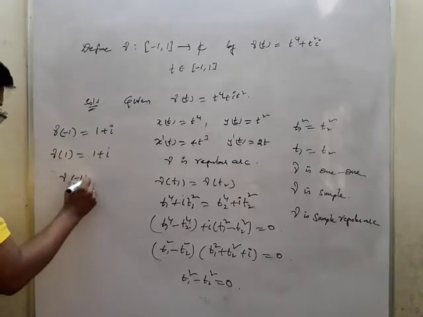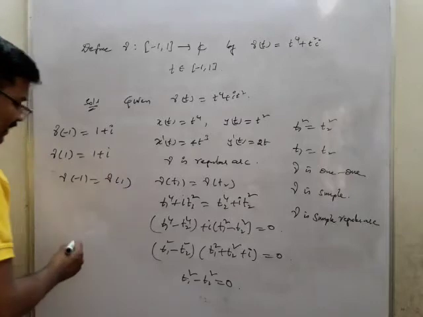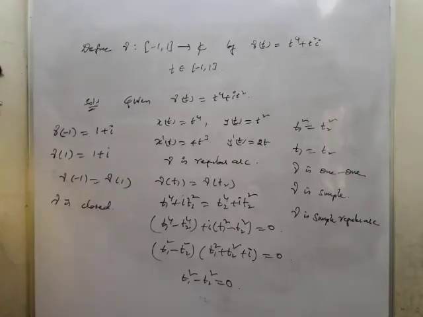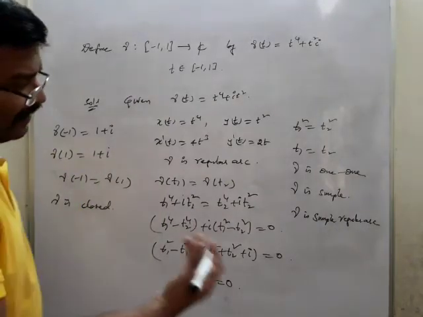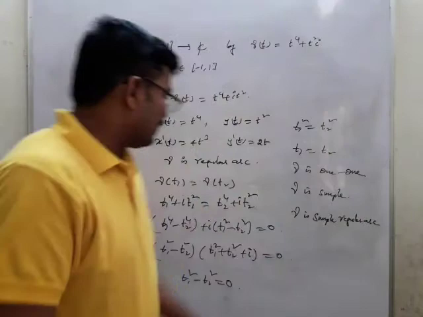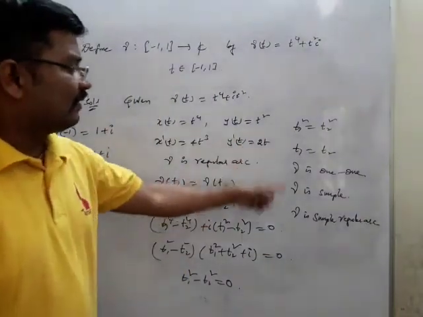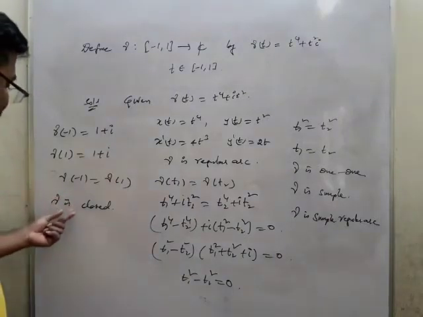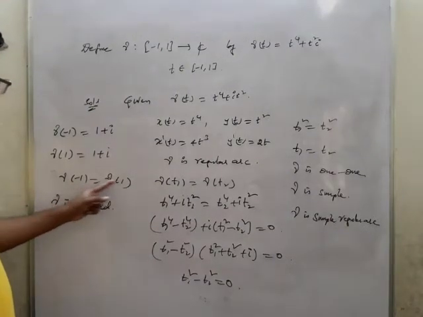So gamma of minus 1 is equal to gamma of 1. So I can say that gamma is closed. Gamma is a simple regular arc, and you can say gamma is also closed because of this.